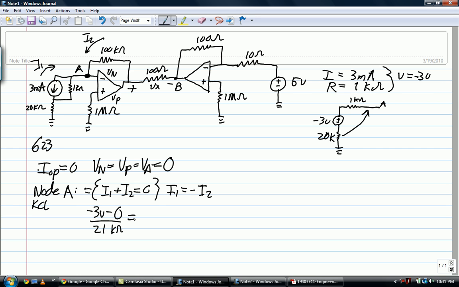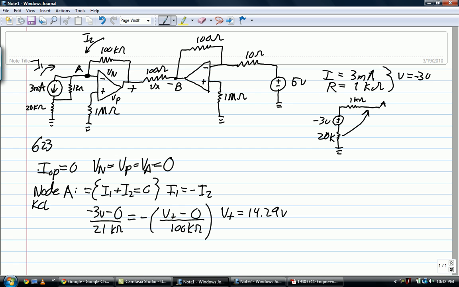And that is equal to negative the quantity of our greater voltage minus our lesser voltage, so V sub plus minus 0, which is again our nodal voltage at A, over 100 kilo ohms. Now, I already did this on a calculator. You can solve it for yourself. You should get V plus is equal to 14.29 volts.